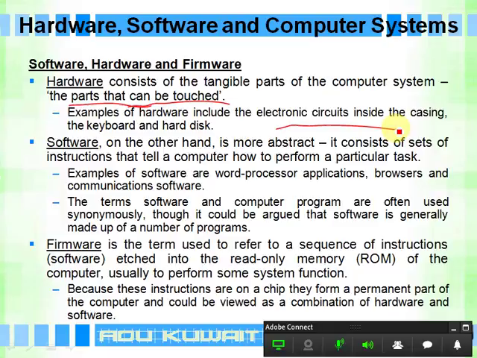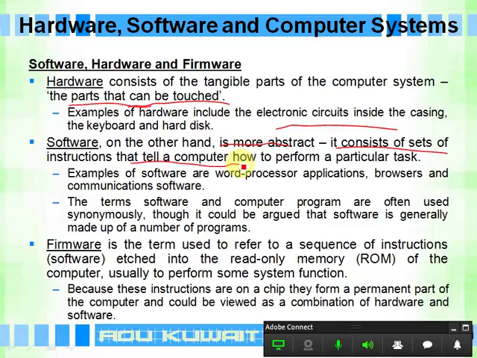Software is more abstract and it consists of a set of instructions that a computer performs for a particular task, and these are intangible. You cannot touch a software, right? So this is called intangible, which you cannot touch, you cannot feel. A software consists of a set of instructions to the machine, to the computer, to perform any task.